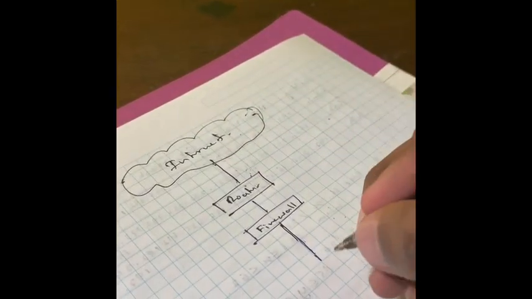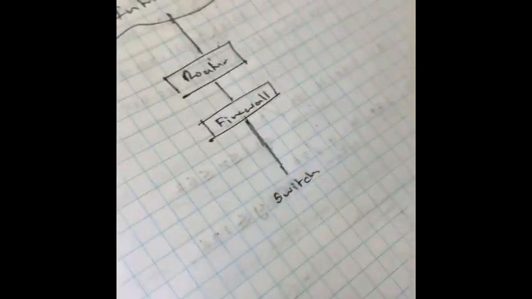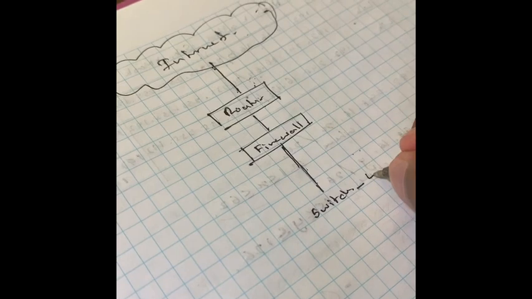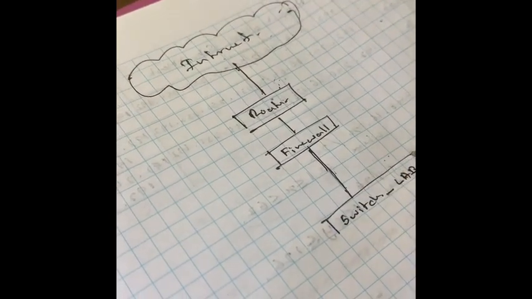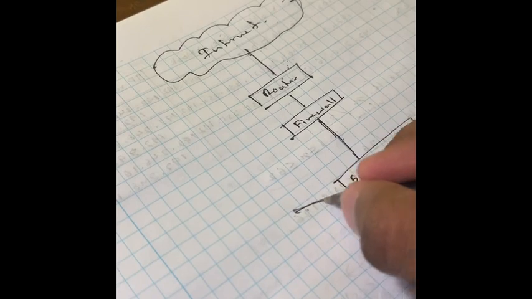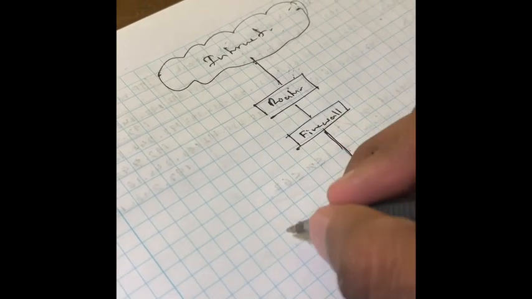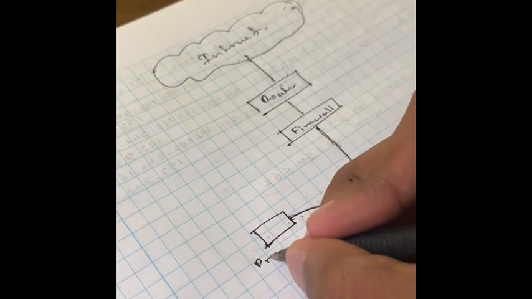So the firewall directly goes to a switch. This switch is the one which is connected in the lab building. Okay, so there will be computers, and one thing you have to specially show is this, and call it a proxy server.